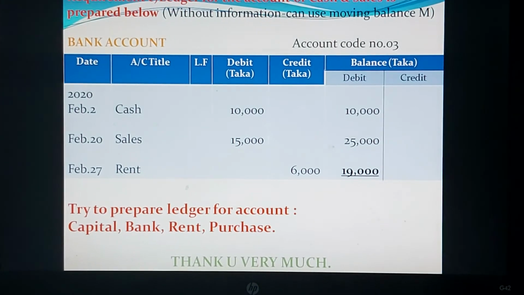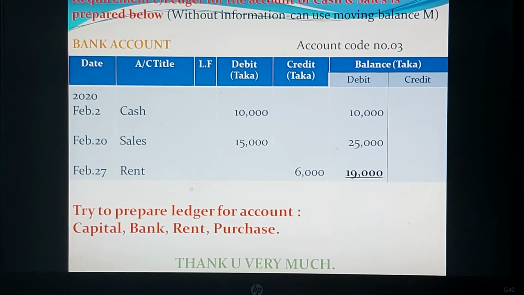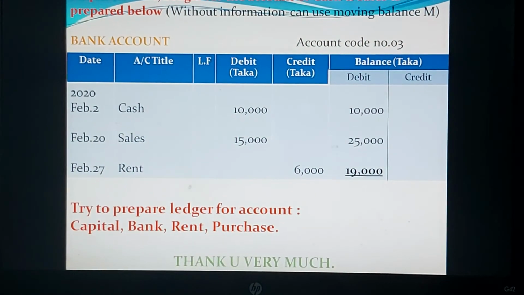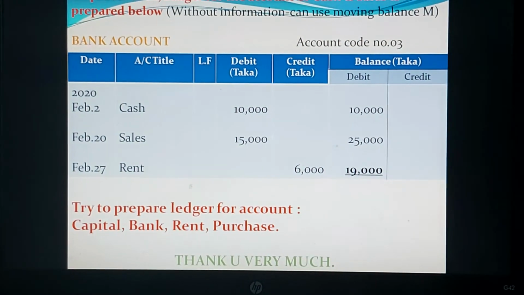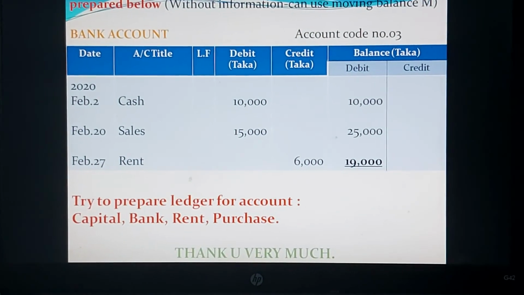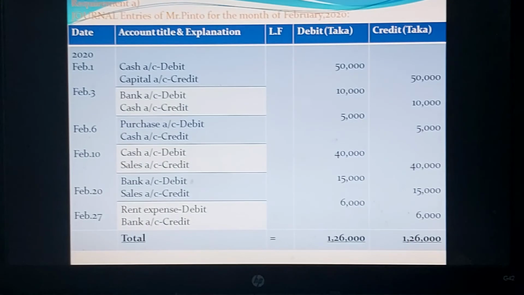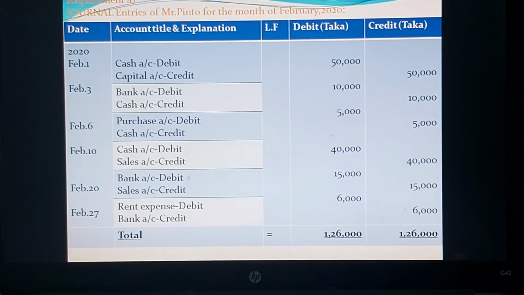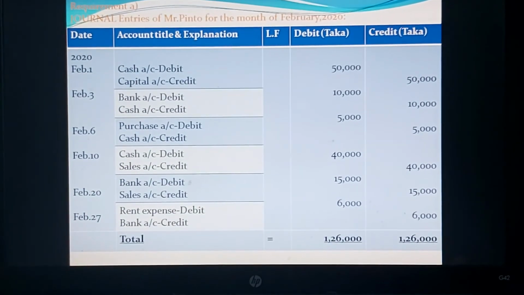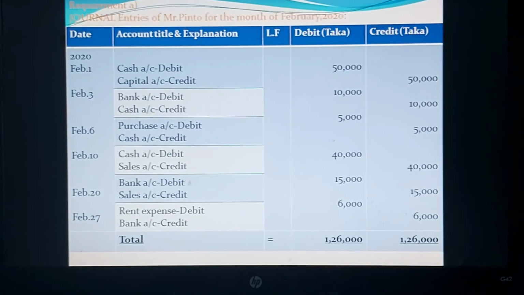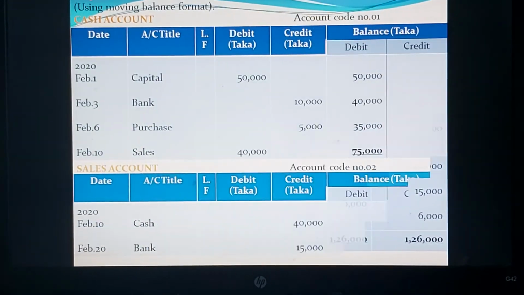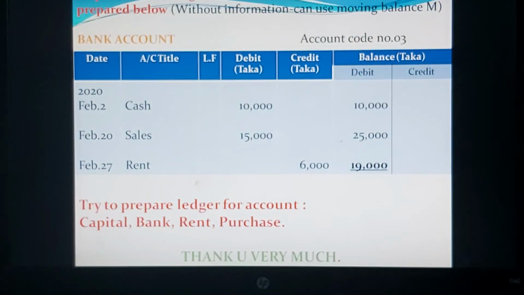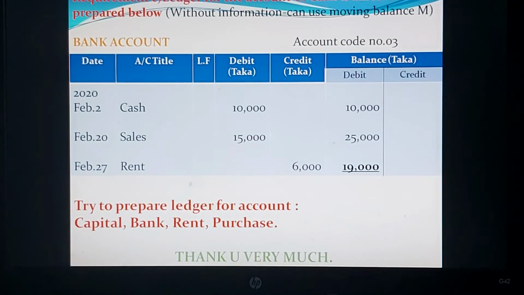You have to try these accounts for preparing the ledger using this journal. Journal means requirement A. Journal entries are given. So dear students, you have to try it and solve it.